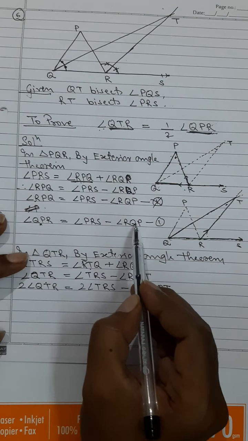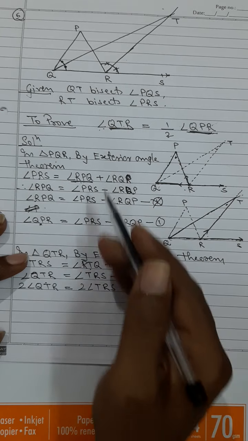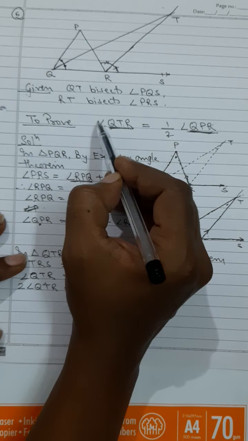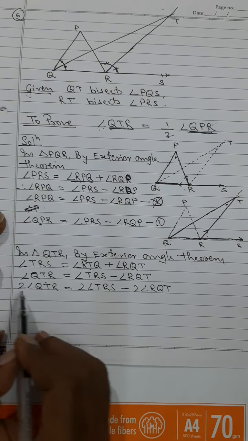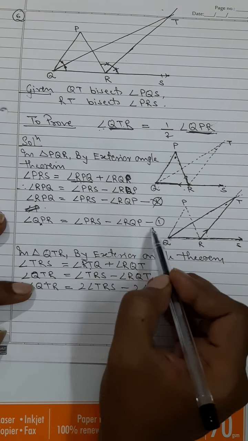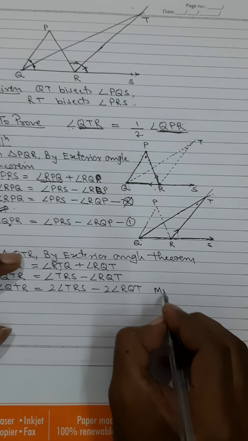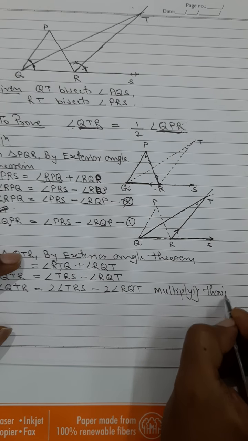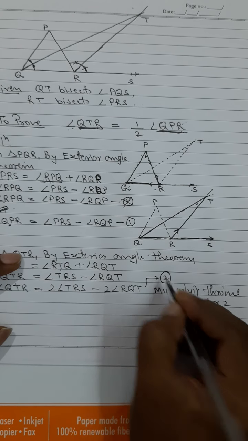I could have divided throughout by 2 here, but since I have gone forward, there is no problem. This is your equation 2.